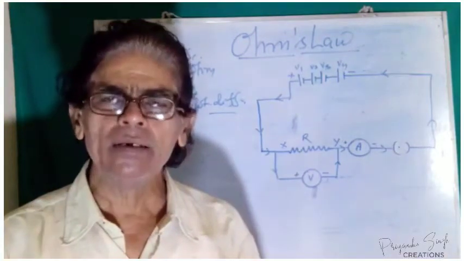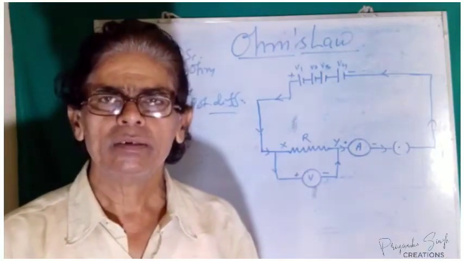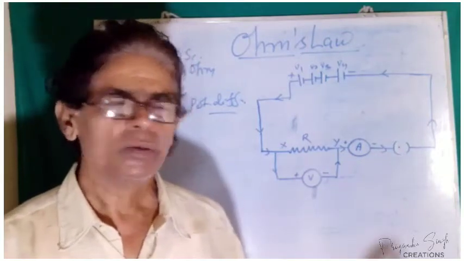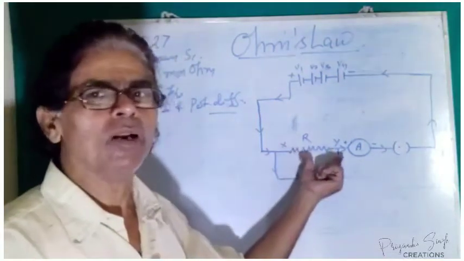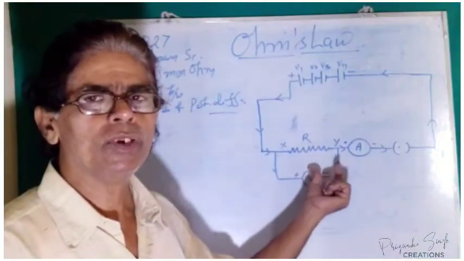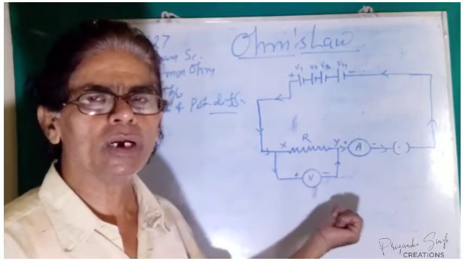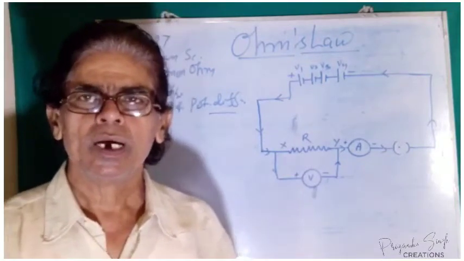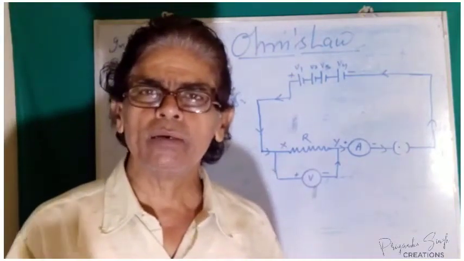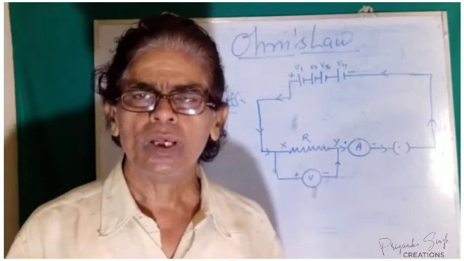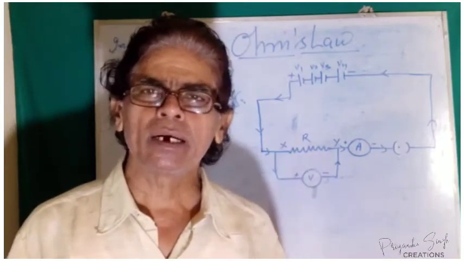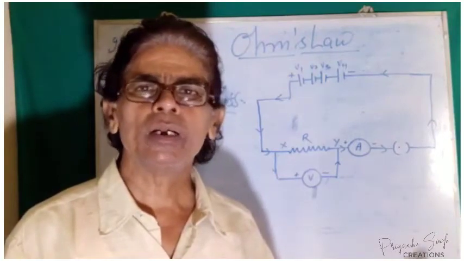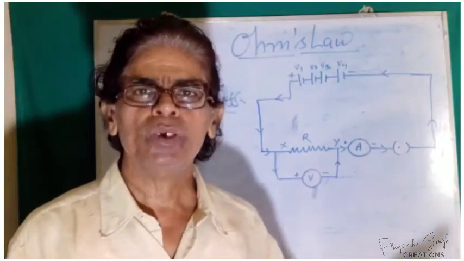By adding one more cell, we have increased the potential difference between the terminals of the resistor, which is measured by the voltmeter. Suppose in this case the potential difference is V2 and the electric current corresponding to the potential difference V2 be I2.